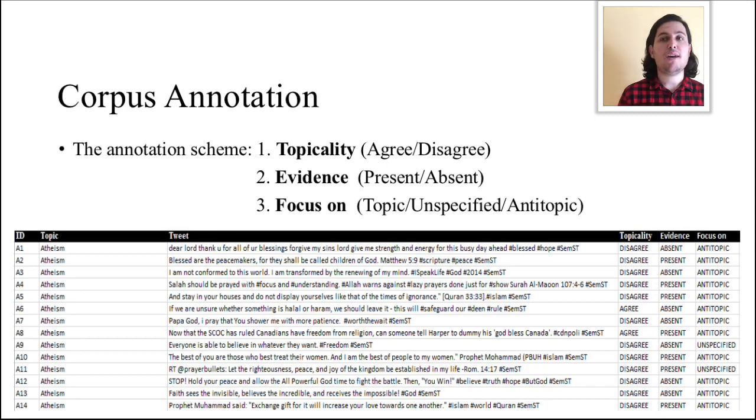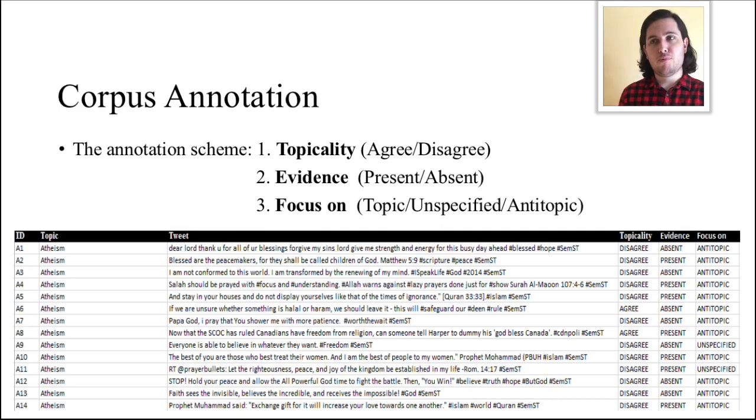And focus on, whether the focus of the tweet was on the topic, so on atheism, attacking it or claiming it, or rather was it for the anti-topic, for the opposite, for the other symbol of the topic, or unspecified, whether it couldn't be understood whether it was for the topic or for the anti-topic.